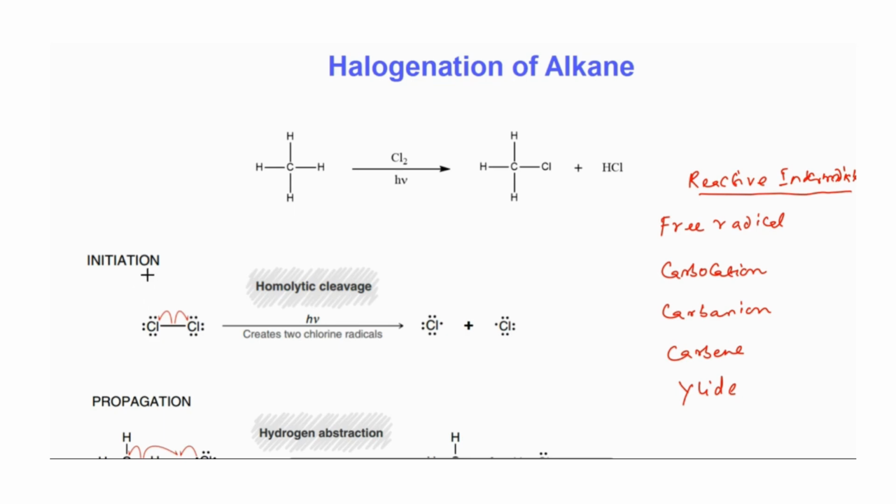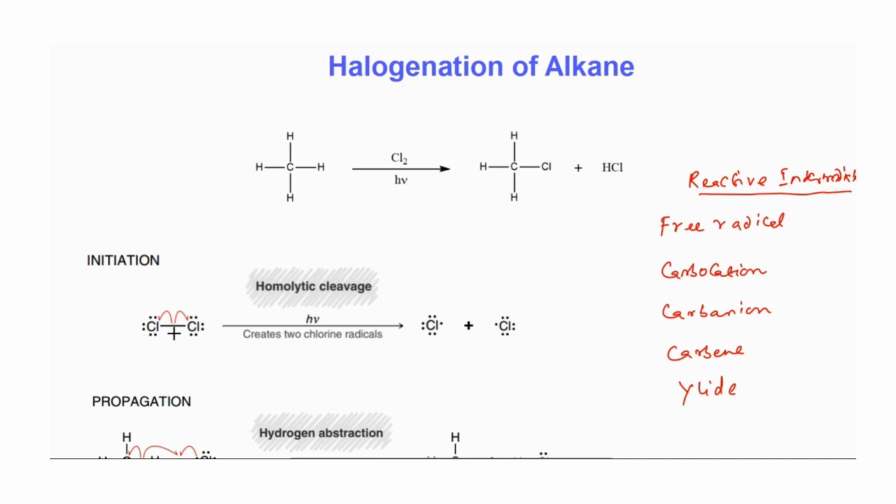So here in the initiation stage, the chlorine molecule undergoes homolytic cleavage. This we already discussed. If you want to learn more about the homolytic cleavage, please go through the description link. I posted the video lecture, so please go through it and learn it.